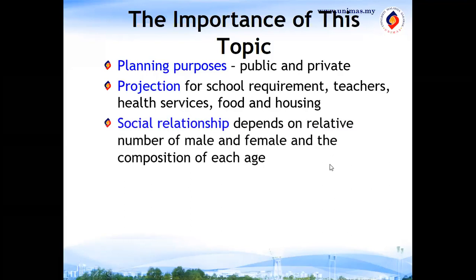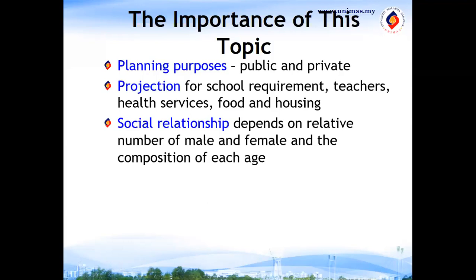At the same time, the social relationship depends on the relative number of males and females and the composition of each age. If there is a balance between the number of males and females, then the social relationship should be okay.